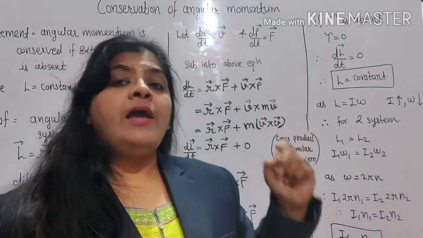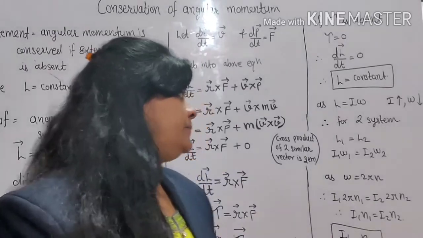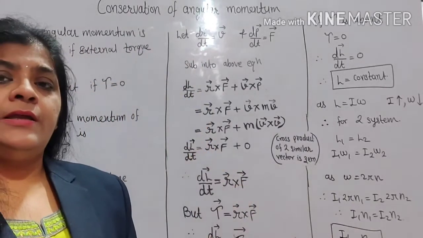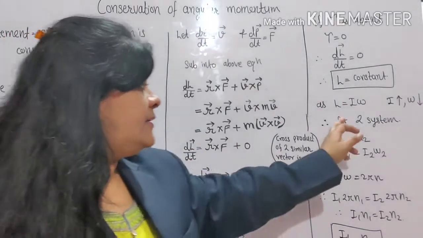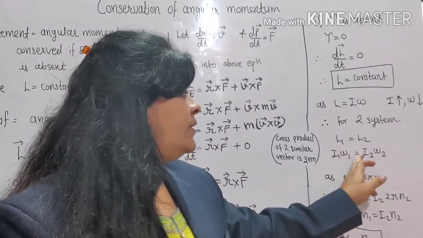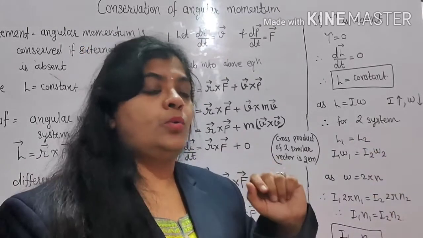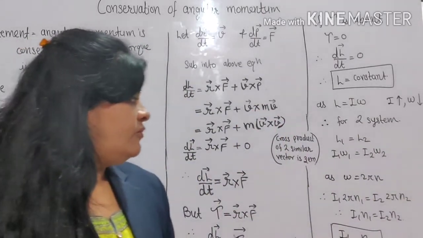Oppositely, if I goes on decreasing, omega must go on increasing. If there are two systems, then L1 is equal to L2, that is, I1 omega1 is equal to I2 omega2. This formula can also be applied for problem solving.